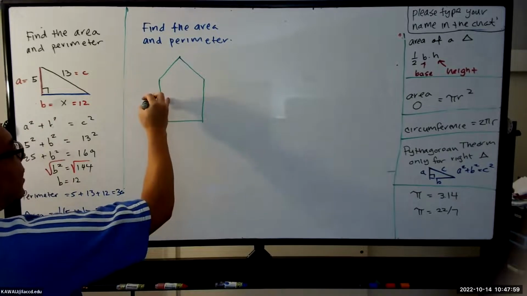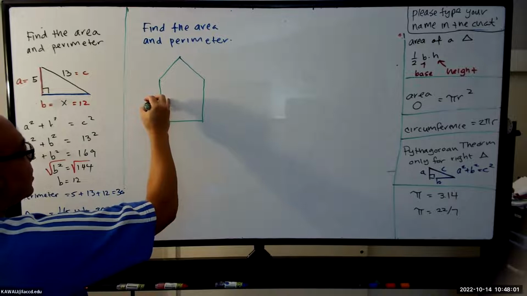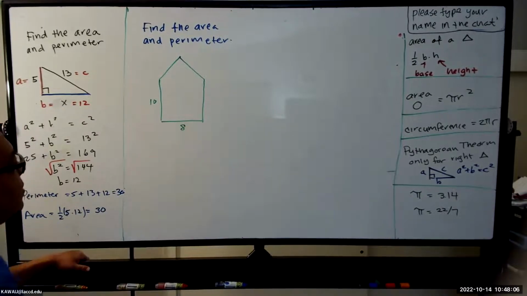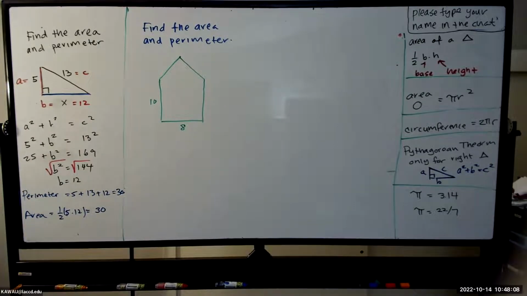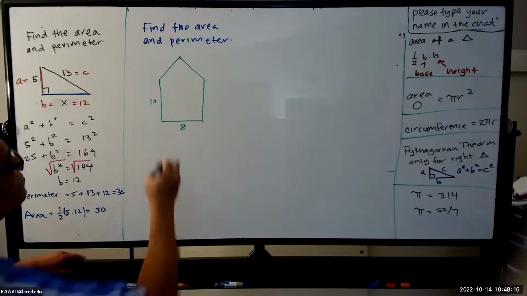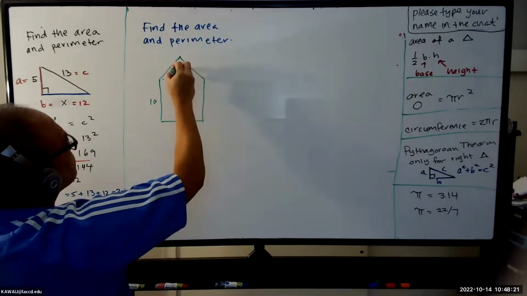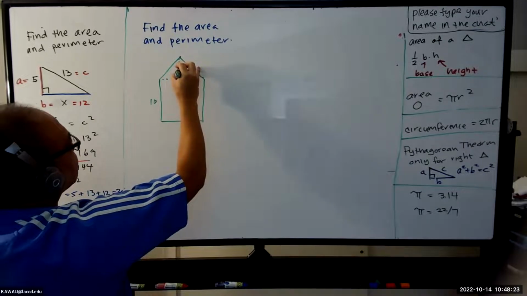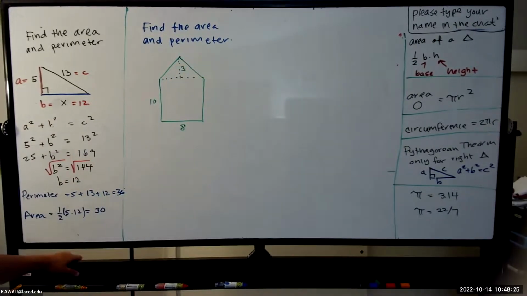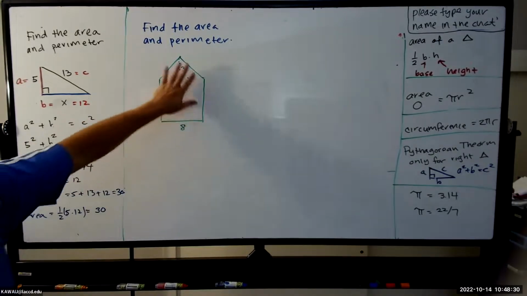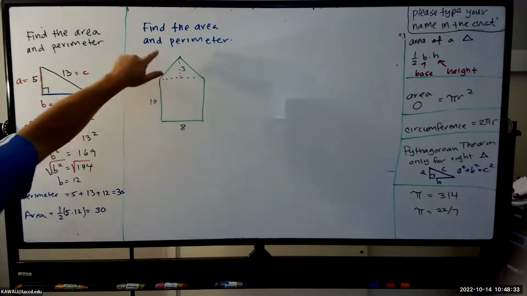And this will be, let's say 10. Let's say this is 8. And then they'll say this is 3. So either they ask you the area of the stained glass window or they ask you for the perimeter.